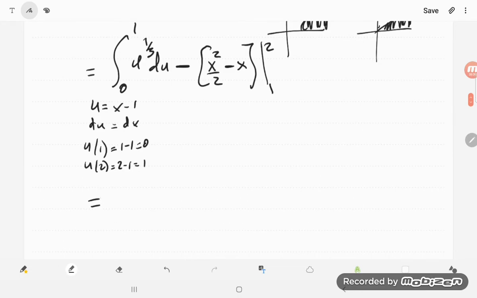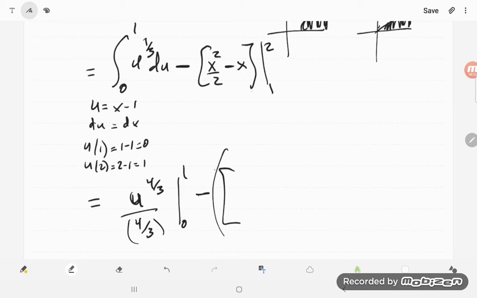And so that's equal to u to the 4/3 over 4/3. My poor u's and 4's look a lot alike. From 0 to 1. And then minus, now be very careful about minus signs and all that. So I put the 2 in first. So I get 4 over 2 minus 2.